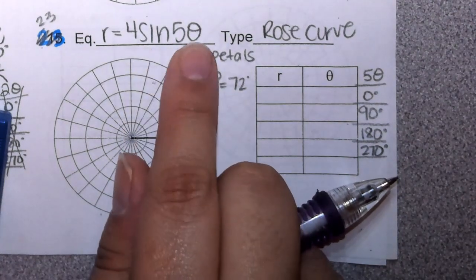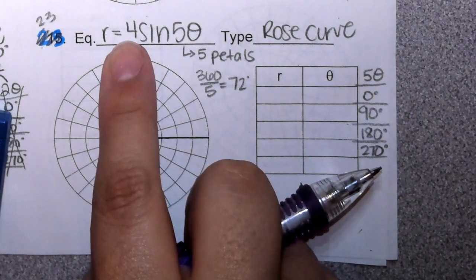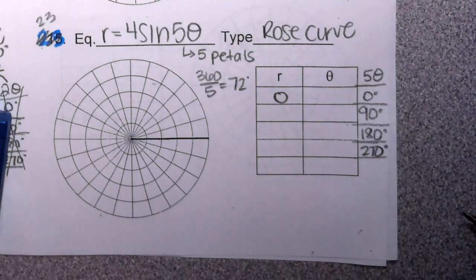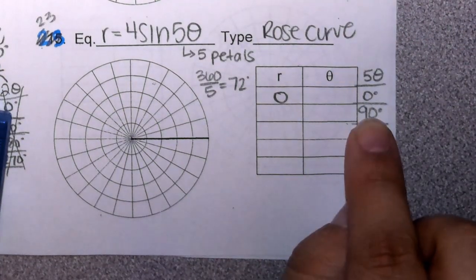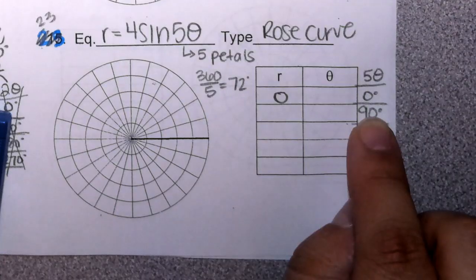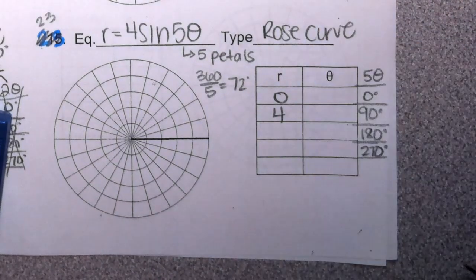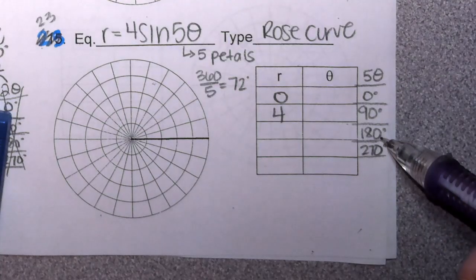What is sine of 0, times 4? 0. The sine of 90, 1 times 4. Am I going too fast?